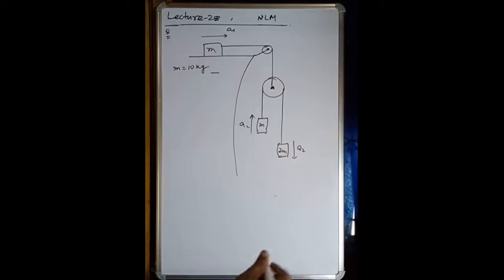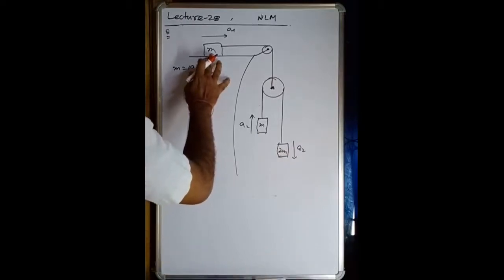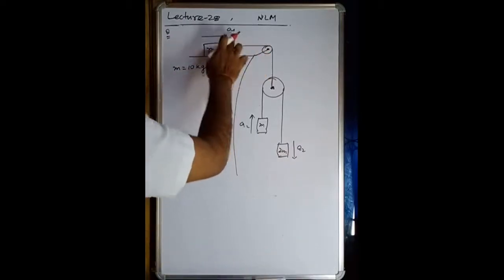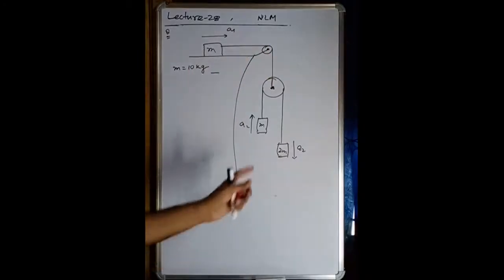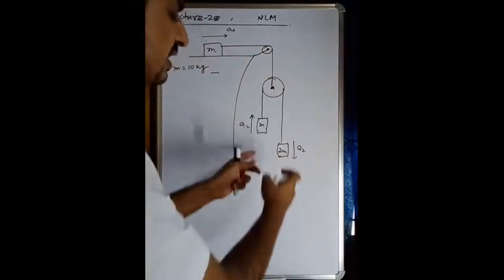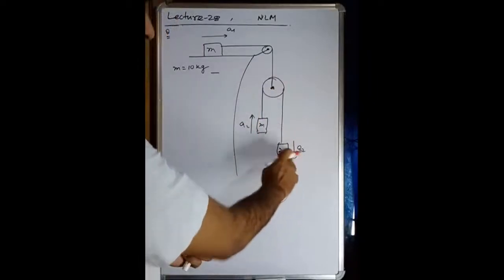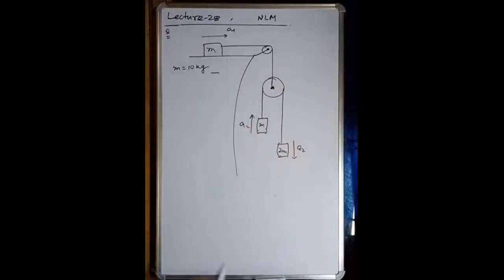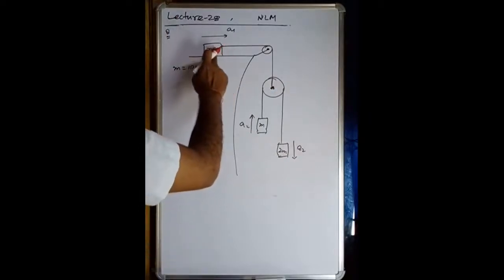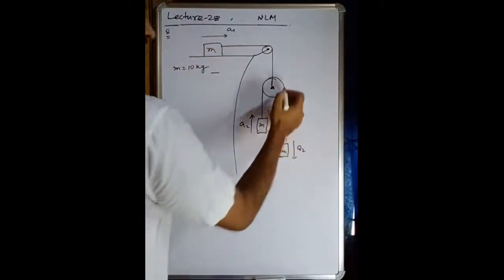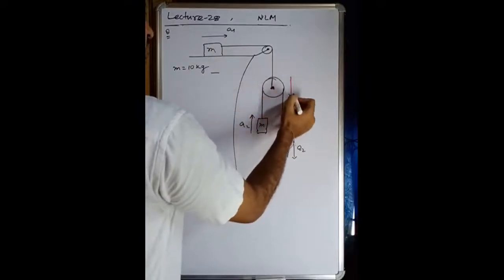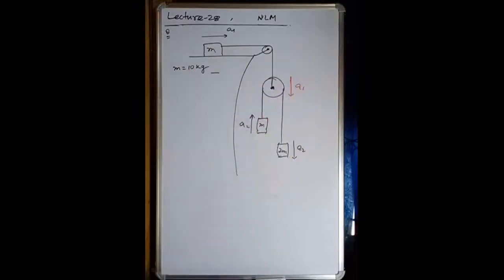Here, my dear students, look at here. As this body M will move with an acceleration A1, these two bodies are moving independently with an acceleration A2. If it is moving down with an acceleration A2, it is moving up with the same acceleration A2. But if this body is moving with an acceleration A1, what will happen? This pulley is not in a static state. This pulley will move with an acceleration A1.